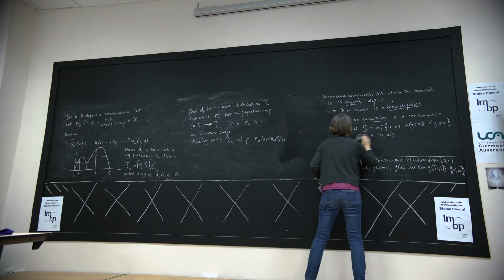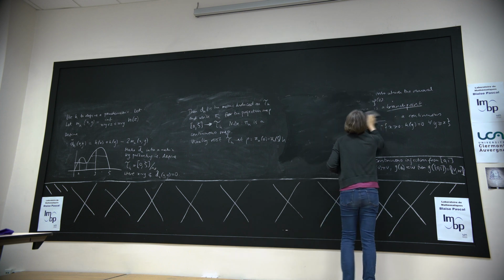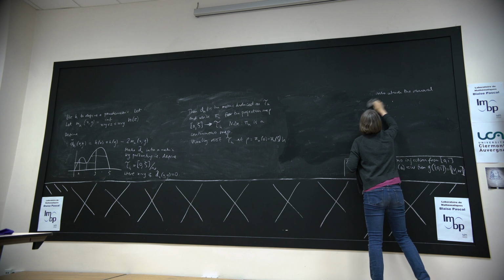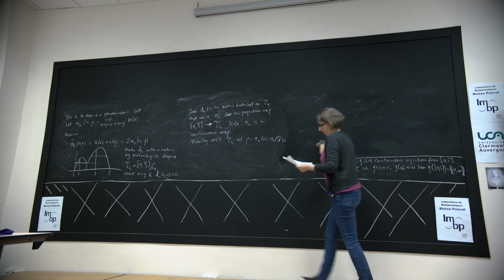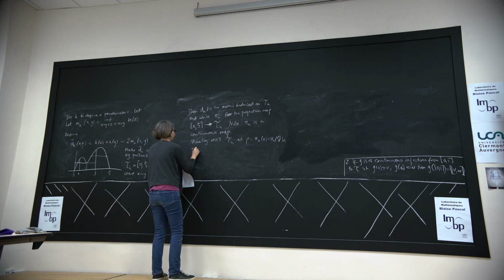So before I come to the proof, let me state the theorem first, and then we'll talk through various aspects of these objects before coming to the proof. So theorem 3.2.